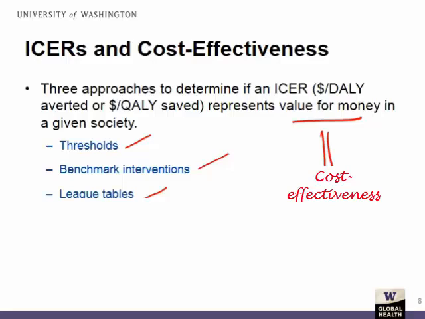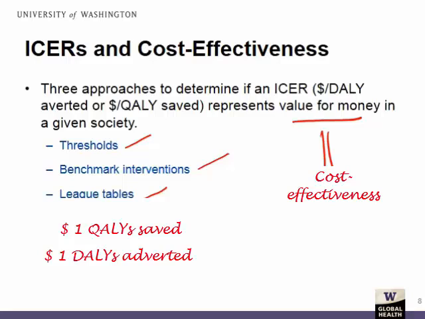Now you'll notice that these approaches are benchmarked on ICERs calculated in cost per DALY and cost per QALY, and we said that dollars per QALY saved or dollars per DALY averted are the gold standard measures.